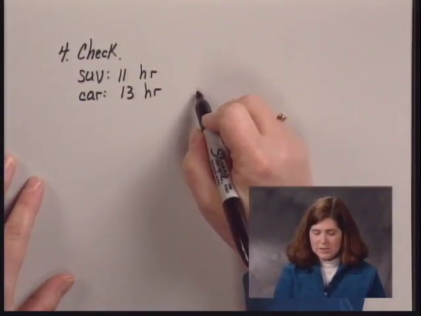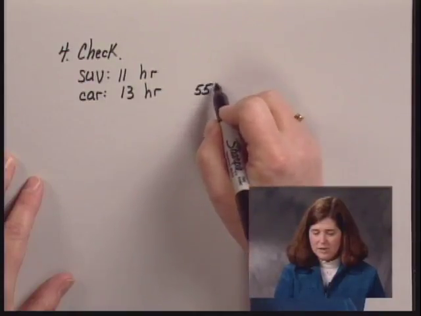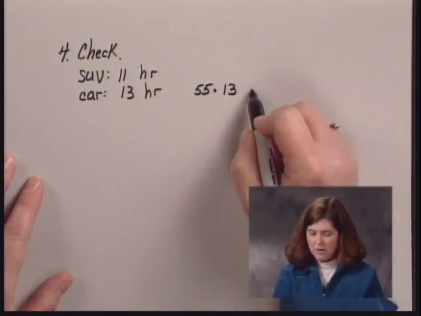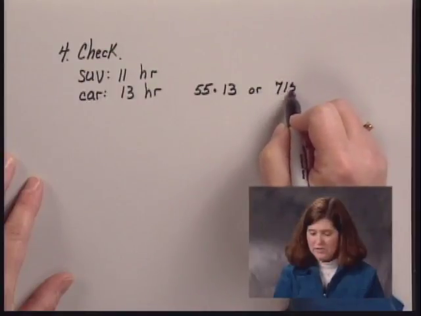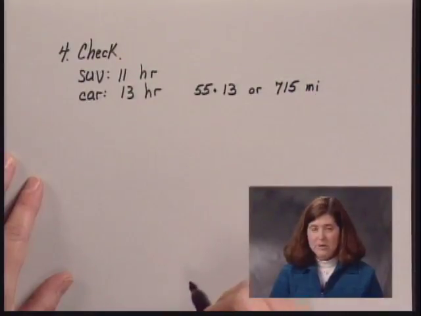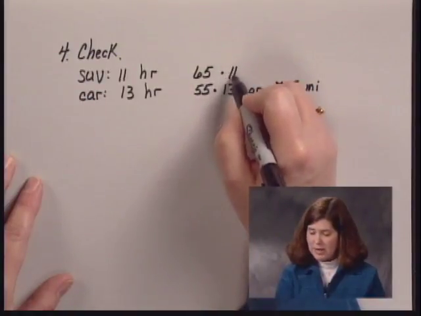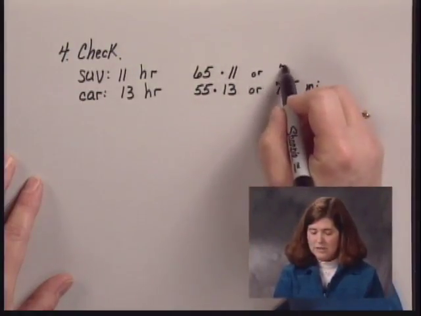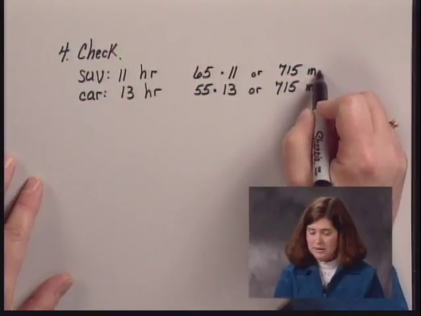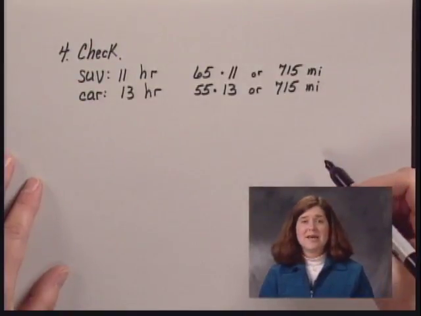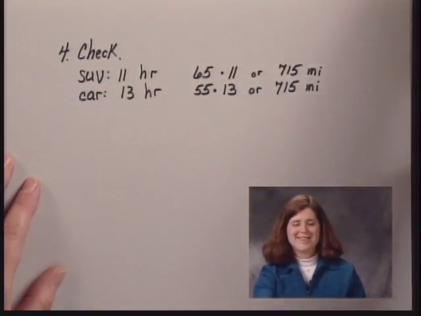The car's distance would be 55 times 13, or 715 miles. The SUV's distance would be 65 times 11, or 715 miles. The distances are the same, so the answer checks.